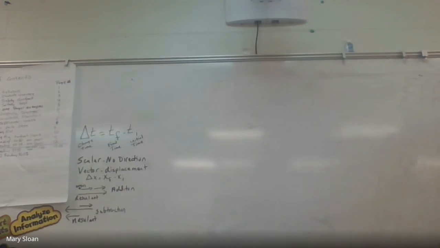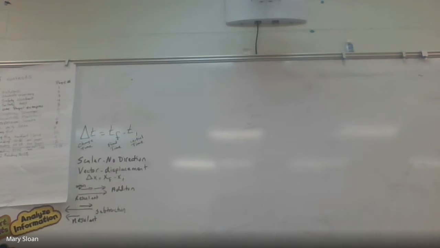So you have two different types of quantity: vector and scalar. All right, you have those written down.